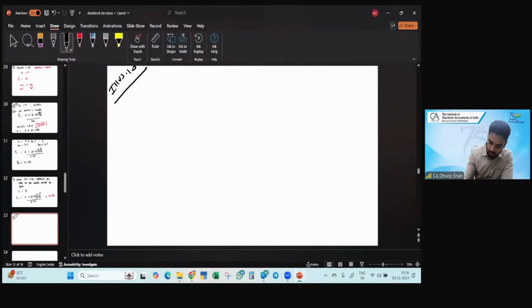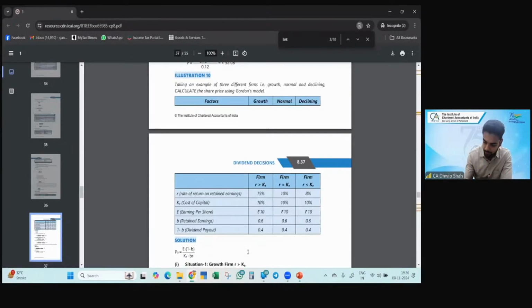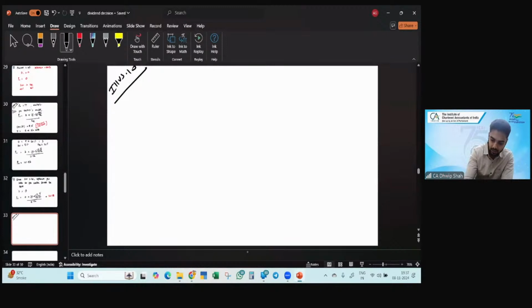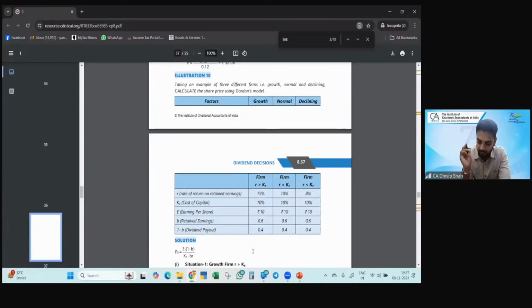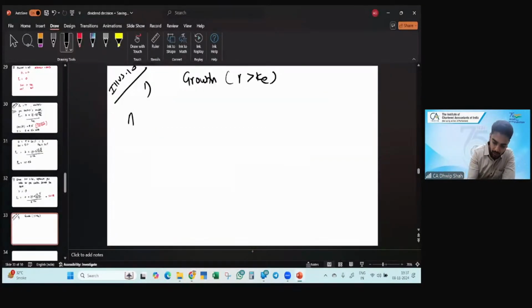Let's solve for the firm which is in the growth stage. Let's assume these are three different companies. Let's calculate for company growth.